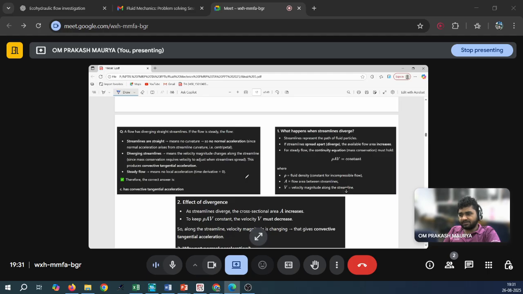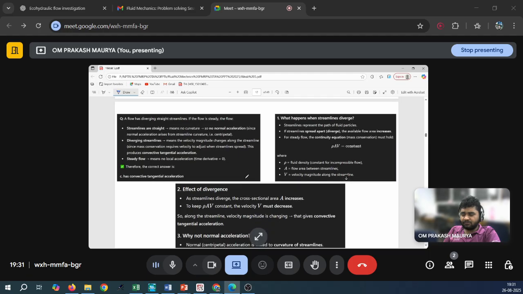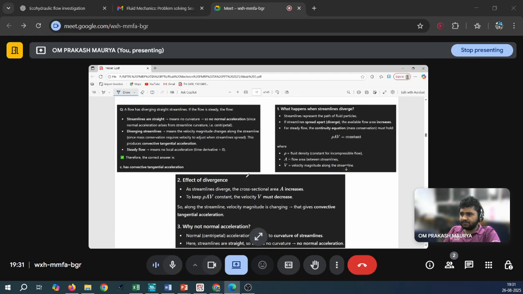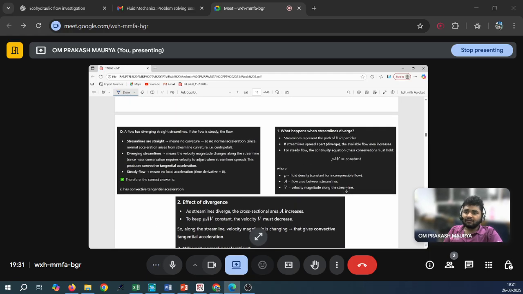The explanation here is very important. I think I have explained everything, but I want to explain the concept a little bit more. As we have discussed in the question, the streamline represents the path of the fluid particle, as you already know. Sir has already discussed this in the class.